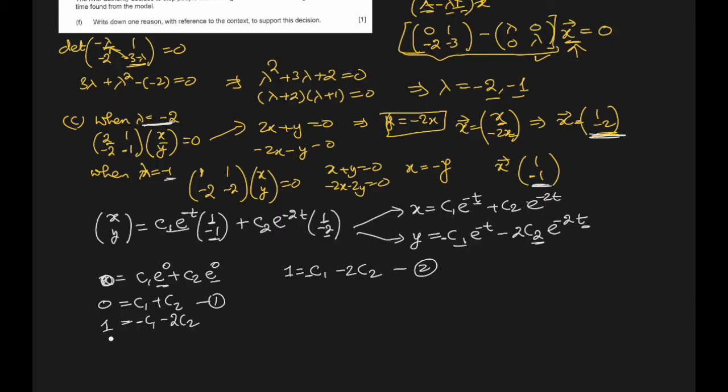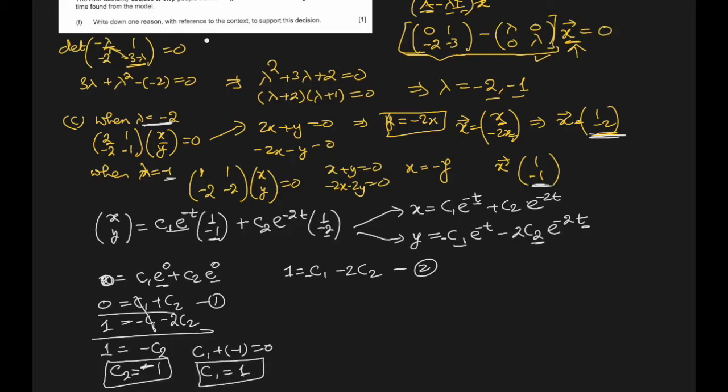So we will just add these two equations: 1 equal to minus c2. So c2 equal to negative 1. And if I use any of the equations, let me use this one, c1 plus c2 equal to 0. So c1 is positive 1.